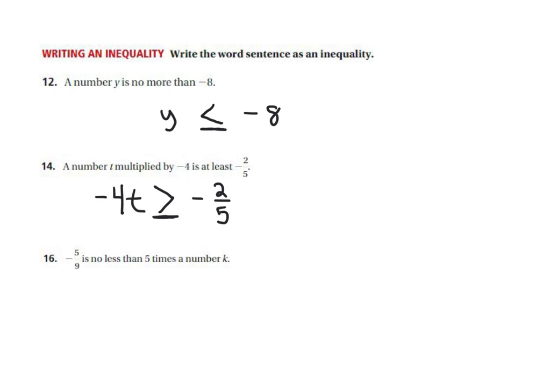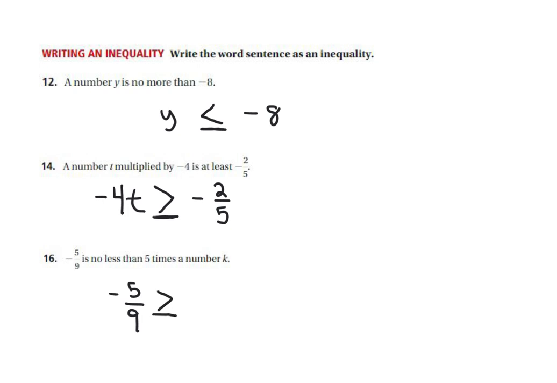And number 16, -5/9 is no less than 5 times a number k. So we have -5/9 is no less than. So if it's not less than, it has to be greater than.